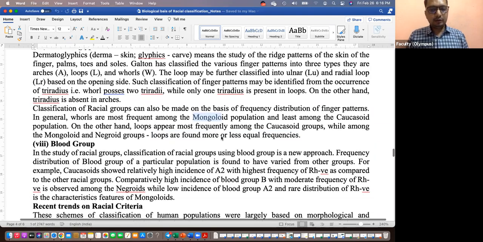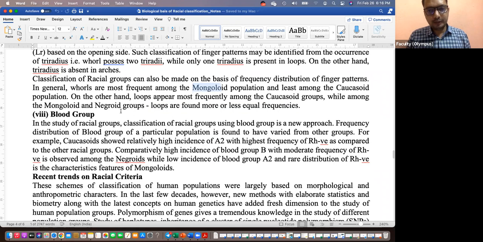Like that we can also use other components like blood groups. Blood groups can also be used in classifying races, depending on how common they are in a given area. We talked about North American, South American populations, where we find the O blood group. Blood groups can also be used to a certain extent to classify people. Caucasoids show a relatively high incidence of A2.